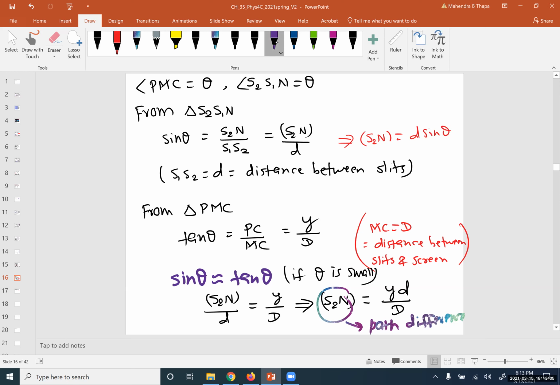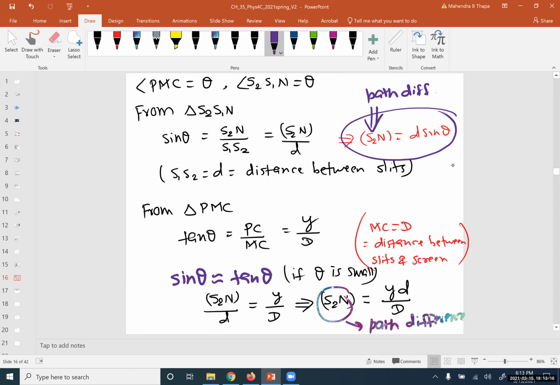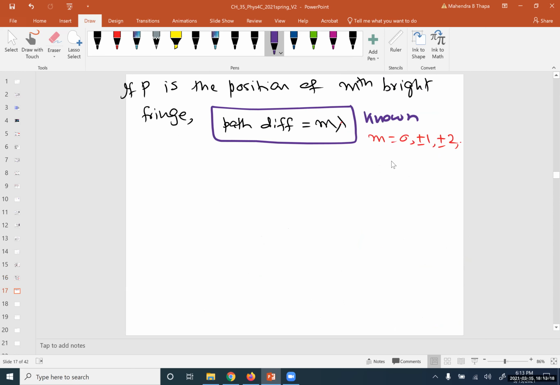We can use this sometimes to solve problems. So S2n is equal to d sine theta, equal to m lambda.